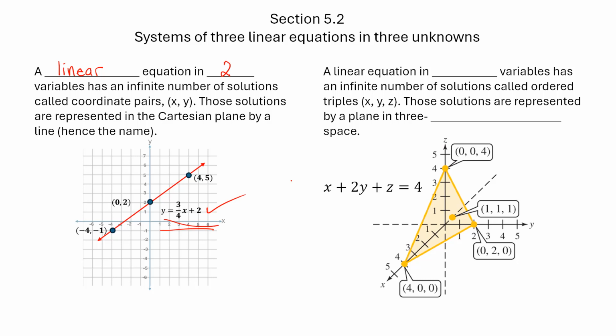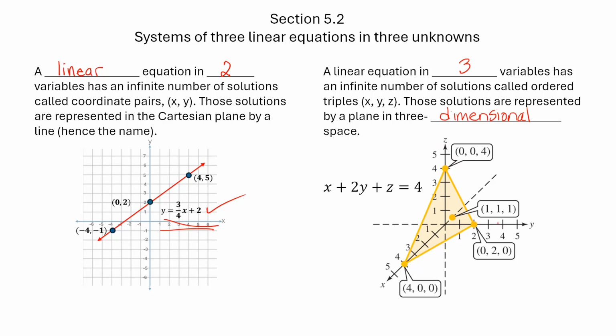So every linear equation in two unknowns has an infinite number of solutions, coordinate pairs that all lie on a line. A linear equation in three variables, which is what we're going to look at now, has an infinite number of solutions called ordered triples, x, y, z. Those solutions are represented by a plane in three-dimensional space.